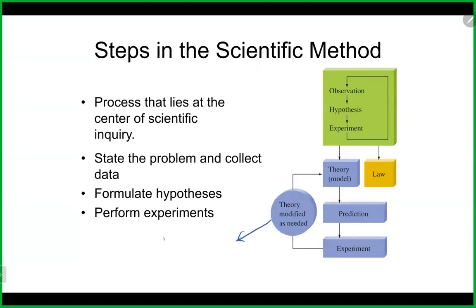The idea behind this is hopefully we get to one of these. A theory, on one hand, is something that over a period of time, through further experimentations, may be revisited, may be found to be incorrect, maybe in some aspects of it.